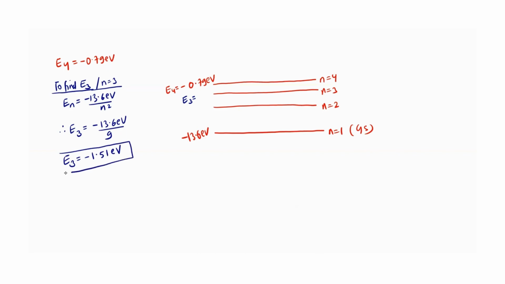So this is minus 1.51 electron volt. So as I said earlier, this transition gives photon of maximum wavelength, that is photon of minimum energy. So we find this. Clear?